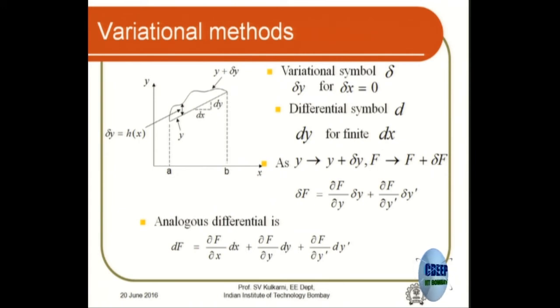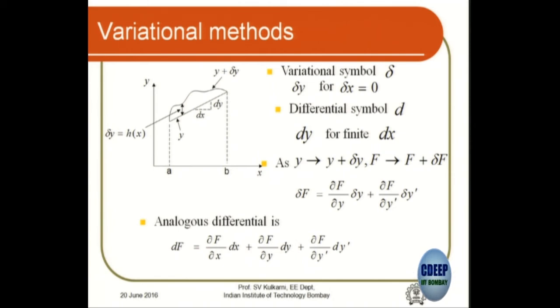We generally know the total differential df is del f by del x into dx, plus del f by del y into dy, plus del f by del z into dz, is it not? Last time you just said, but do you agree? But here you see del f is not a function of dx.